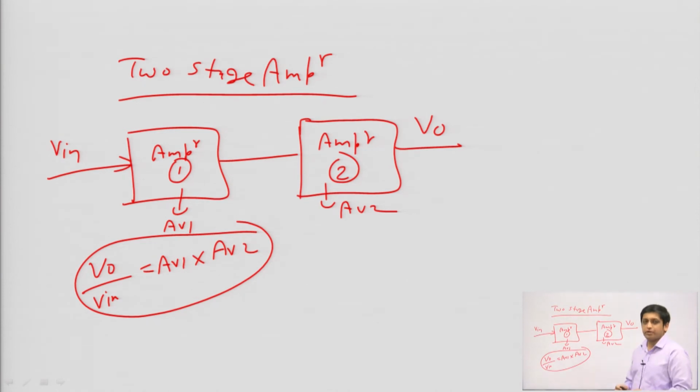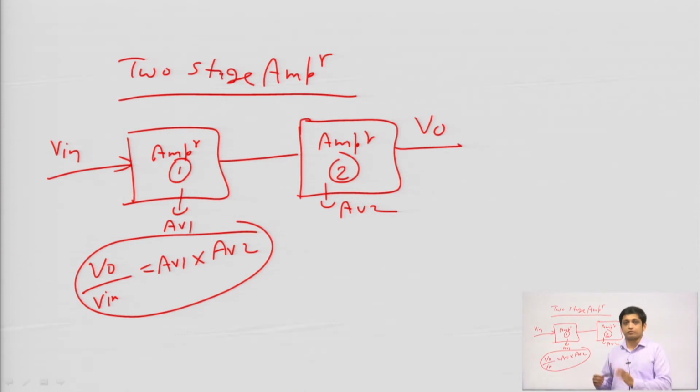Now, the issue is that when we design multi-stage amplifiers like 2 stage, 3 stage, 4 stage amplifiers, the number of nodes increases. So, the number of poles and zeros also increases in multi-stage amplifiers.